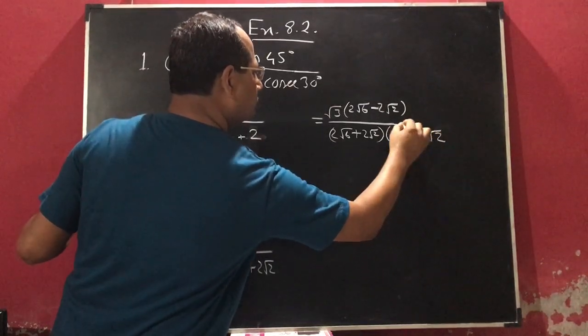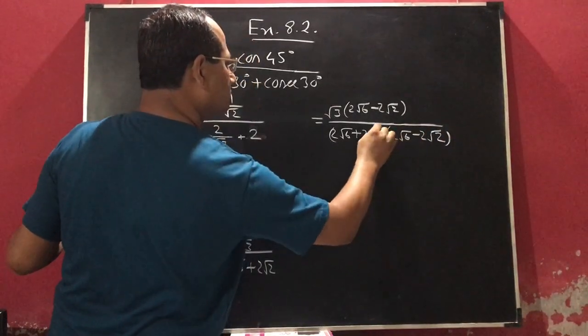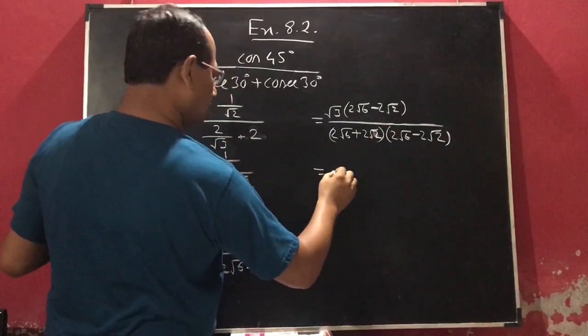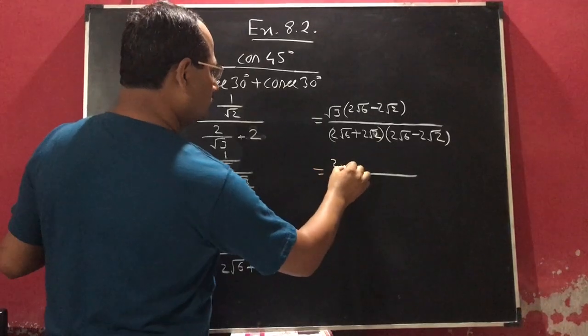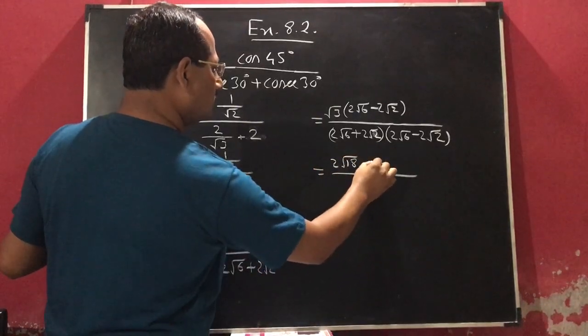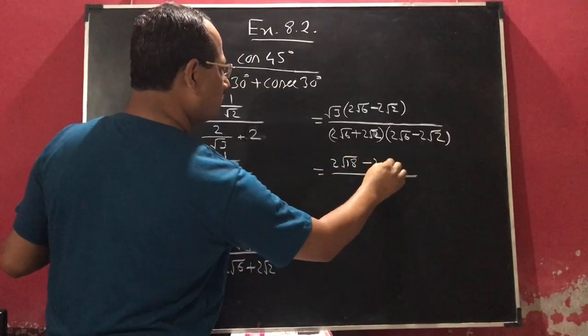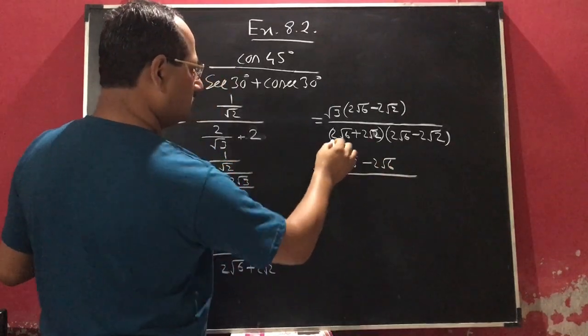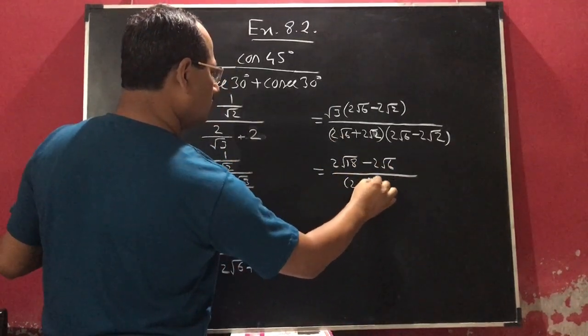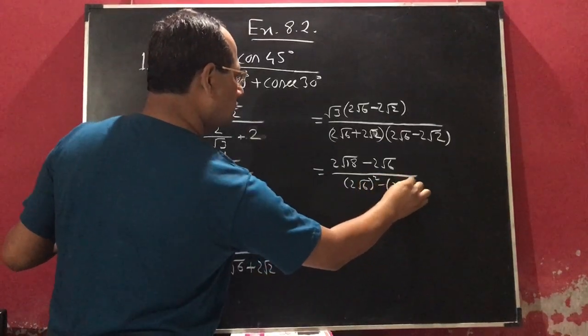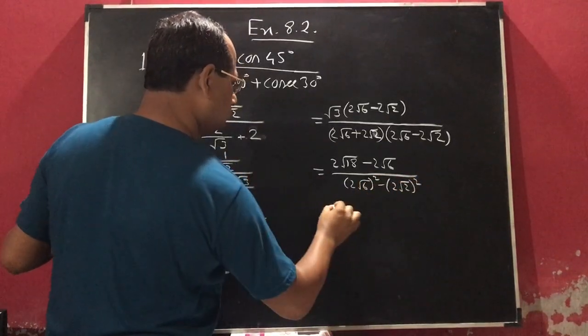Root 2. That is equal to 2 root 18 minus 2 root 6. 2 root 6 whole square, 2 root 2 whole square.